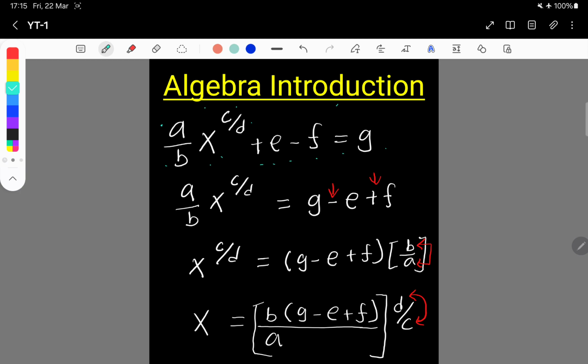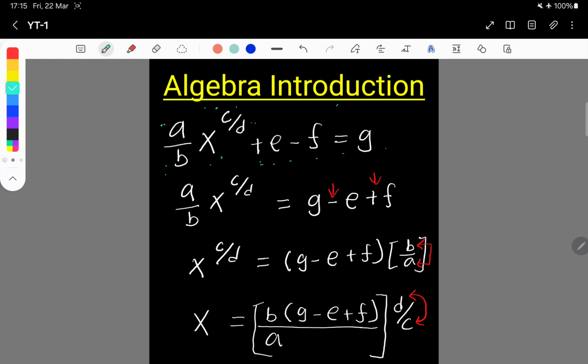From here you can see that it involves plus, minus, times, divide, power and roots, so it involves all the algebra manipulations already. Now let's see how we can manipulate these equations so that we can make x the subject.